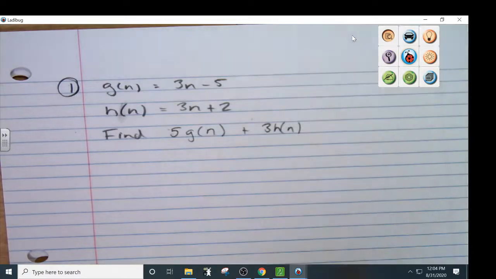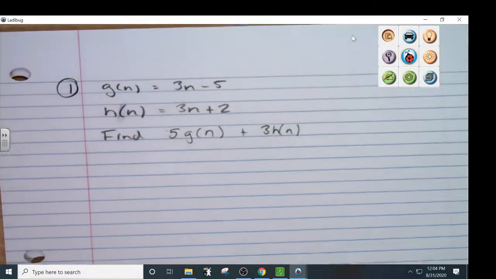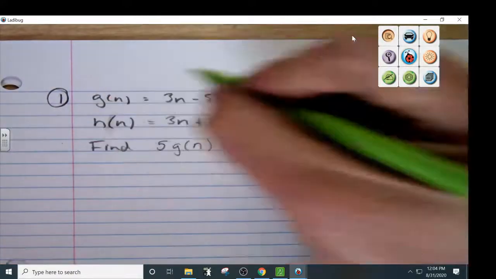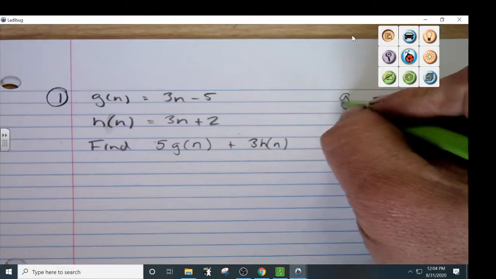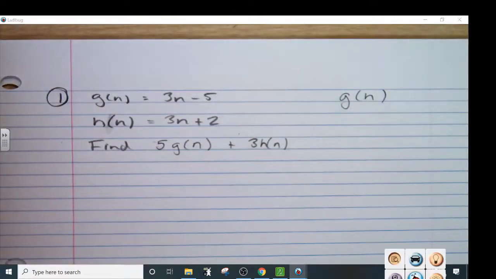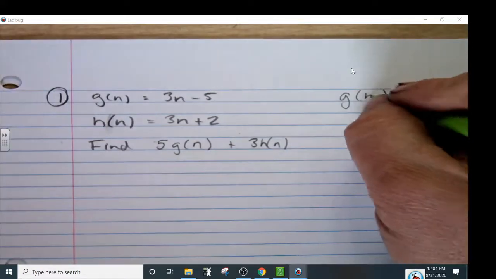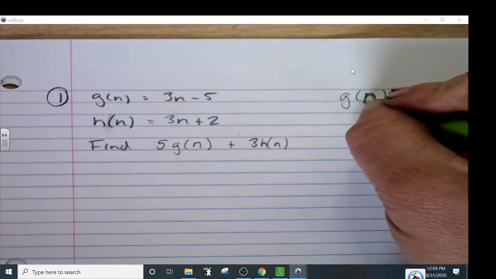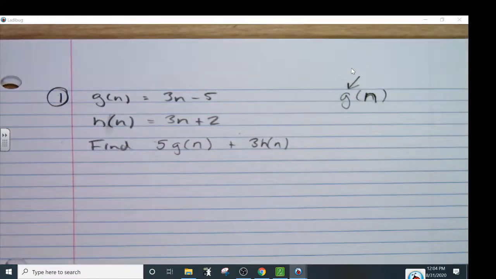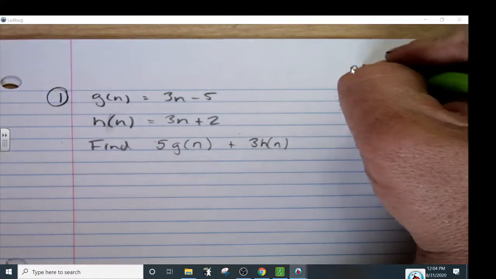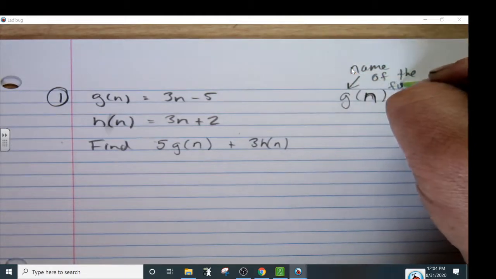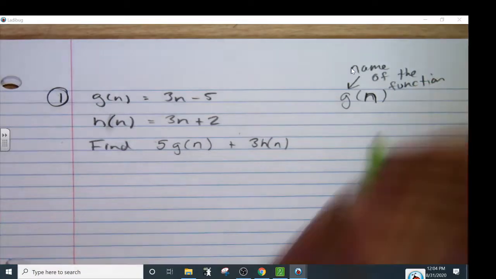Okay. All right. So, guys, a couple things real quick. When you have this, you have this out front. That's g of n, not h of n. The letter out front is the name of the function.